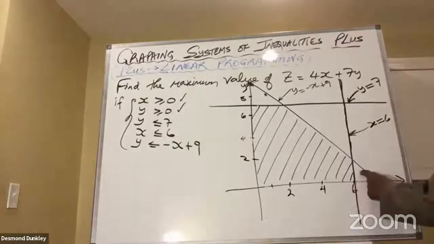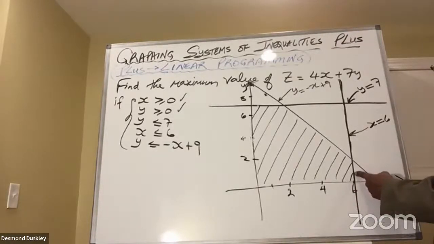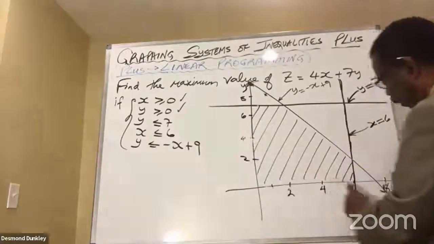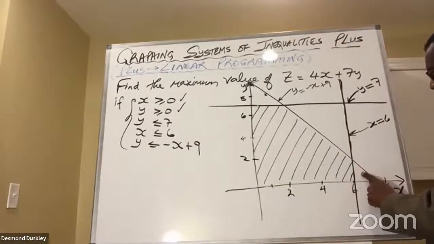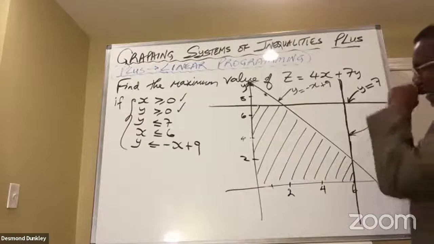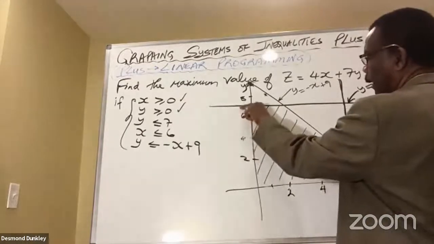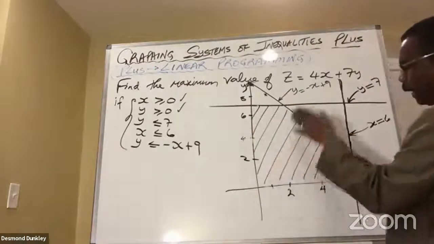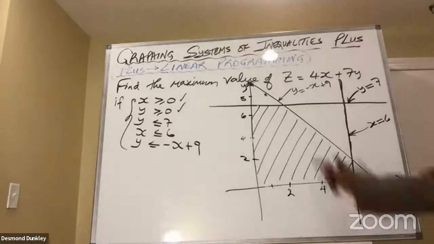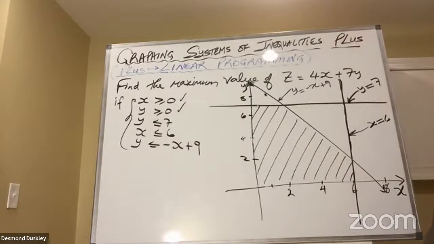You don't have to go beyond this line because it stops at this line right here. It says x must be less than or equal to 6, so you can't go over here. You stop at 6. It says y must be less than or equal to 7. You can't go above 7. You have to stop at 7. So this is the area that satisfies what you're looking for.